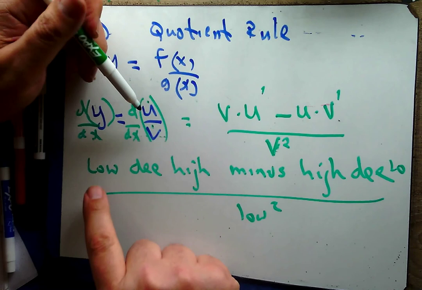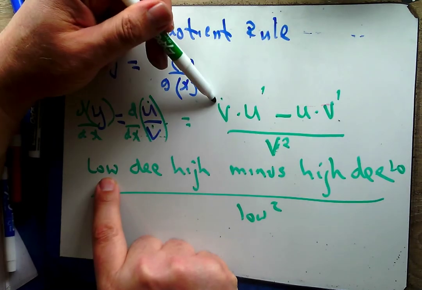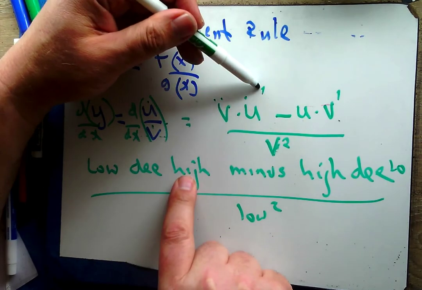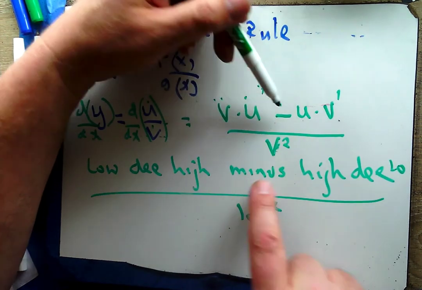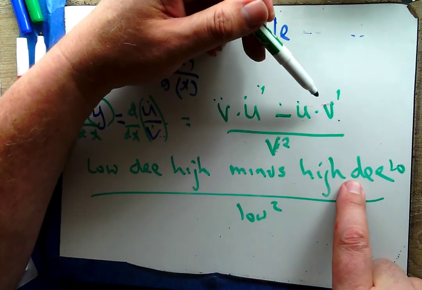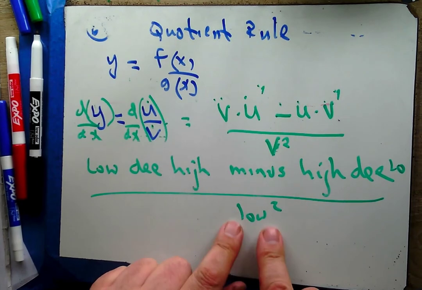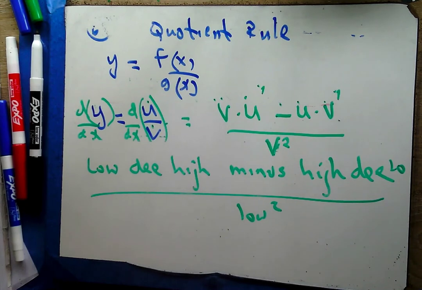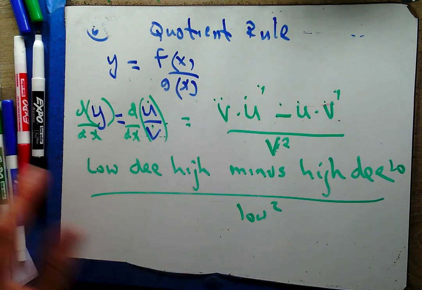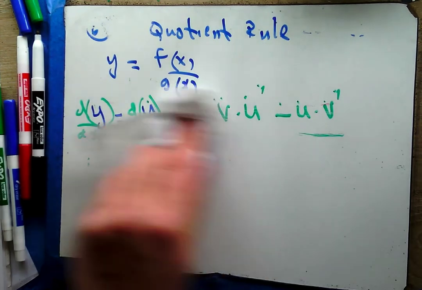So our quotient rule is low, derivative of the high function, minus the high function times d low, the derivative of the function on the bottom, all over low squared. And if you want me to one day, I will certainly show you the derivation of this. But you survived the product rule derivation, and I don't really feel like I need to inflict another, a very similar proof on you again. But if you really want, I'll show you.